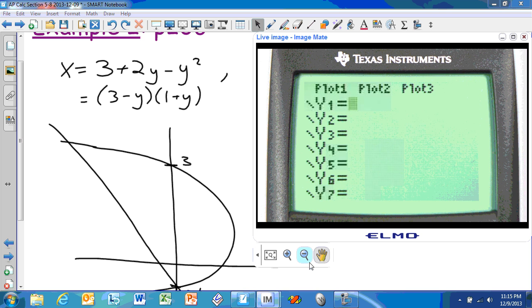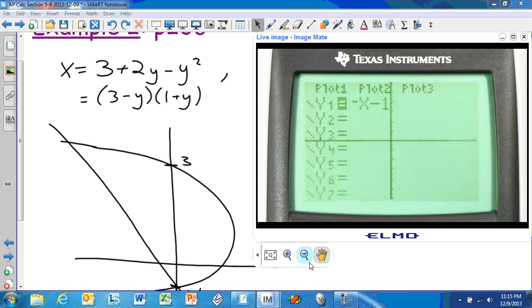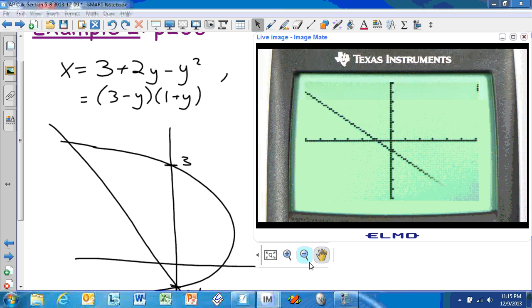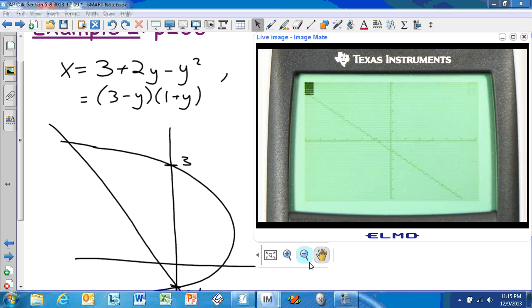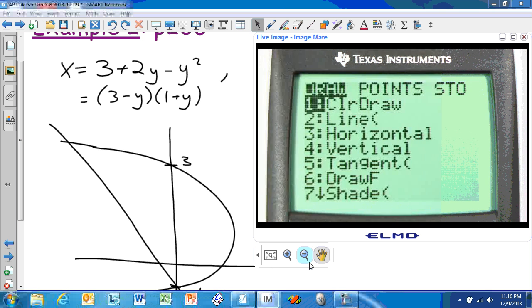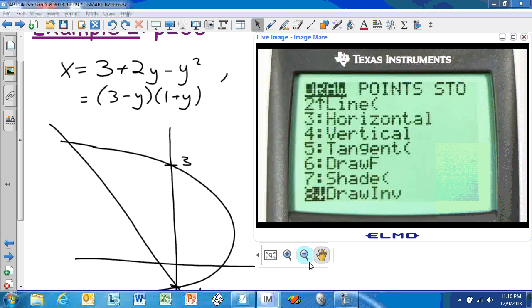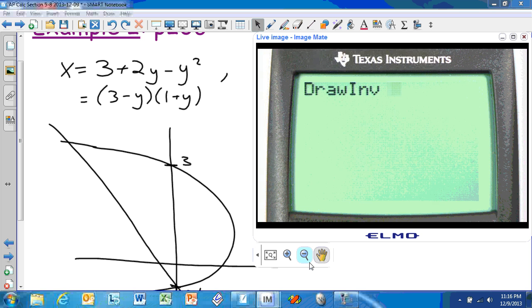Let's go ahead and in y1 put in the linear function, negative x minus 1. We can get that to show up first. Then if you want the inverse of the graph y equals 3 plus 2x minus x squared, under your draw menu, second and then your program button, you have a command called draw inv, which will draw the inverse of a function.